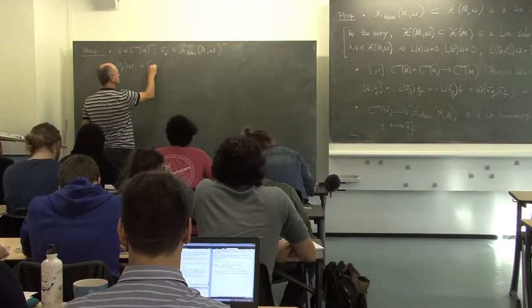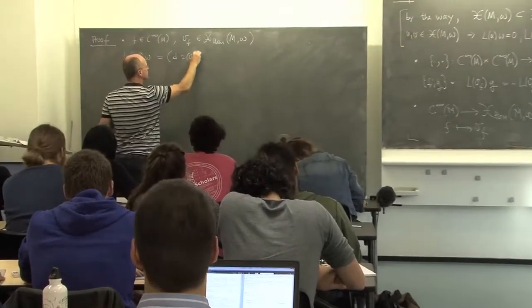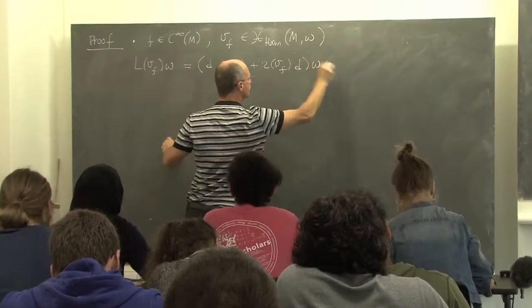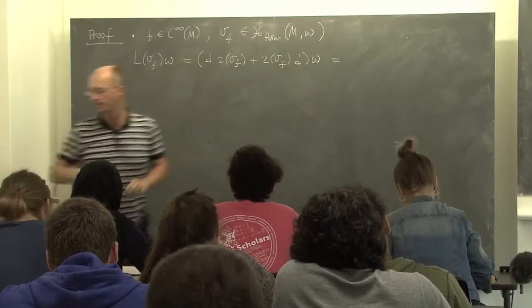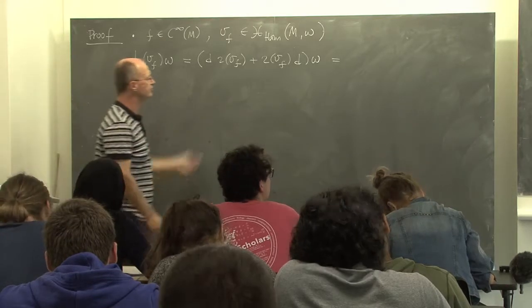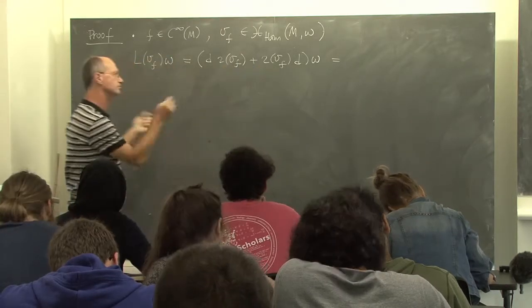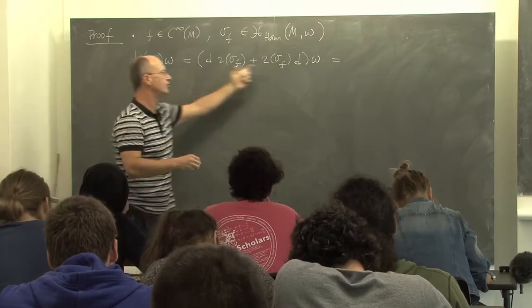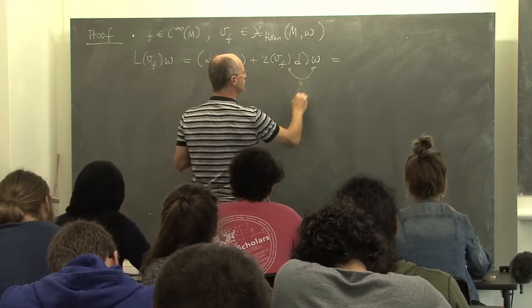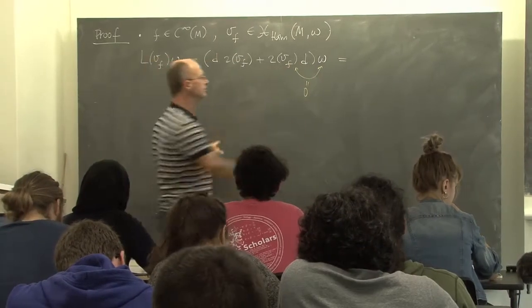Well, that's Cartan's magic formula, which helps us. And you see, that's something we're going to see relatively often. There is a kind of conspiracy between all the terms. So here, this is 0 because d omega is 0.